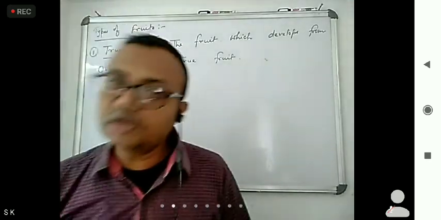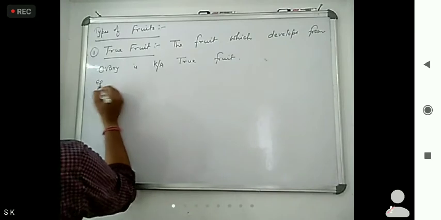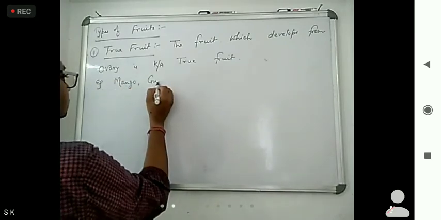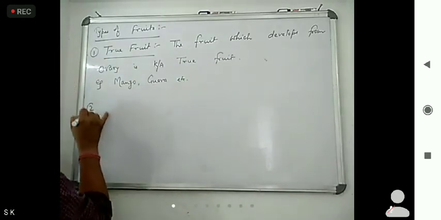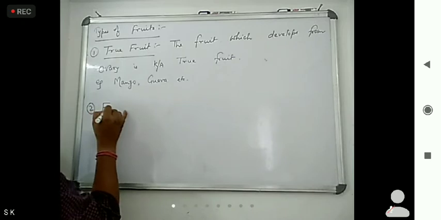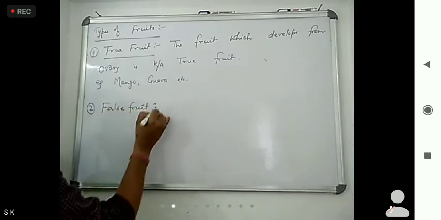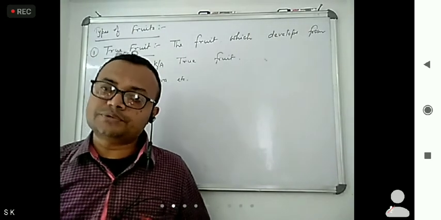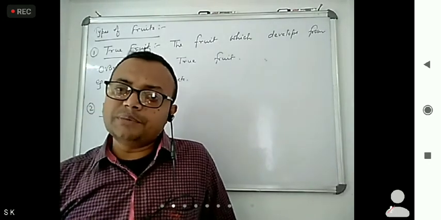For example, mango, guava, etc. Second type is known as false fruit. Why do we call it false fruit? It develops apart from the ovary.